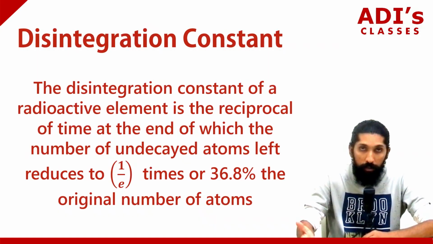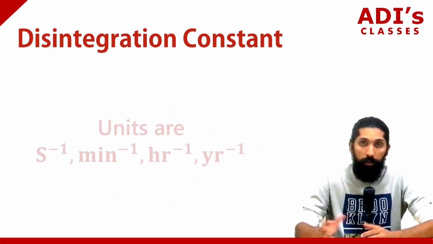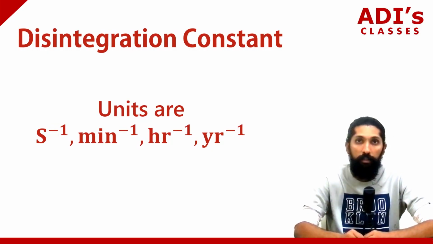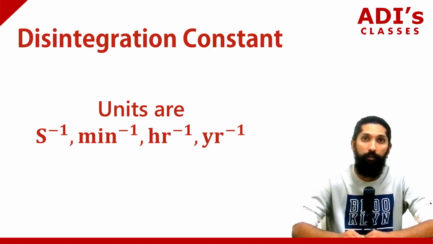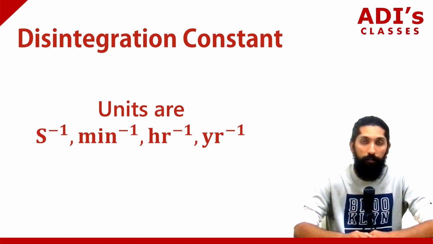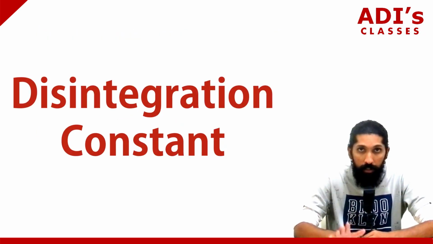Now that you have understood the example also, time becomes important, correct? So the SI unit for lambda is either per second, per minute, per hour, or even per year. For uranium and all those things, it will go on for per years. Fair enough? This is what we call the disintegration constant.